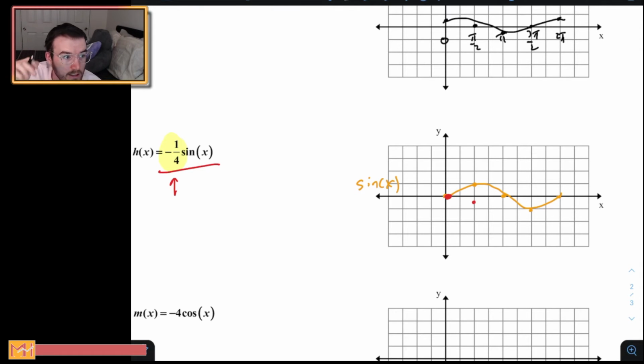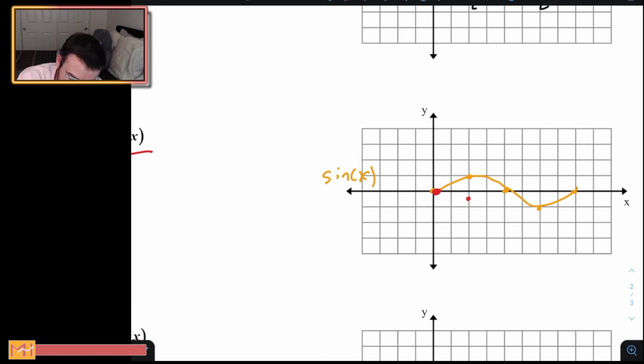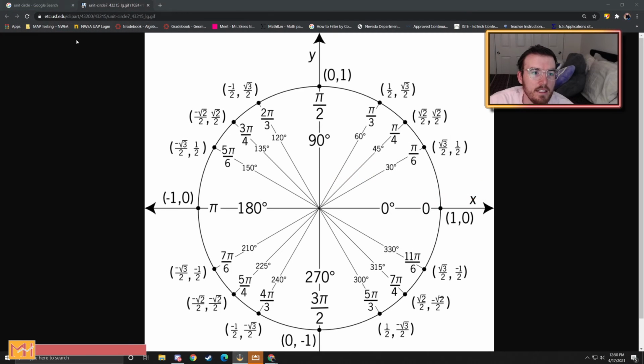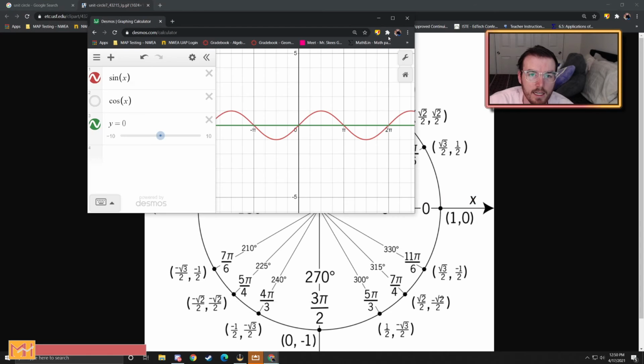Maybe right there, down a fourth. Let's pretend that's a fourth, okay? And then to 0, and then up, and then to 0. So it's the same function except flipped and shrunk. And you can plug all of this into Desmos, of course, right?